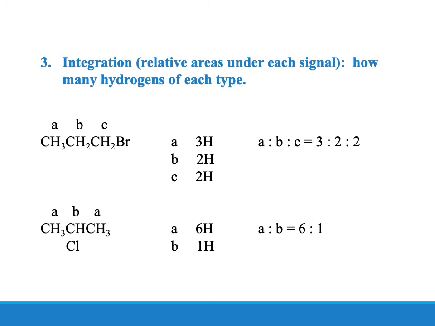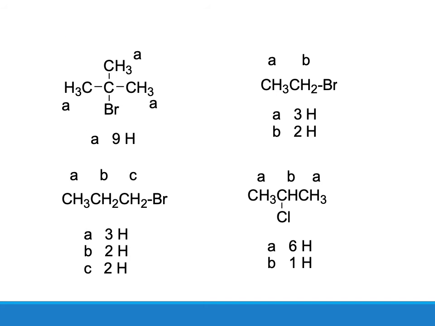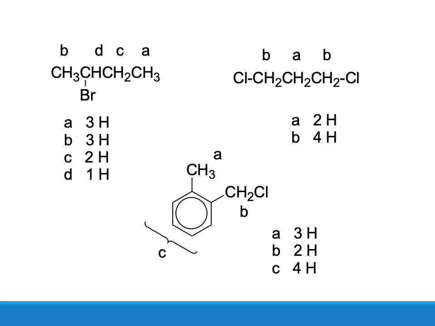These are the different types of hydrogen signals that we are going to see. And again, you see that we have 12H for the cyclohexane, and 6H for cyclohexane. These are the answers for that example.